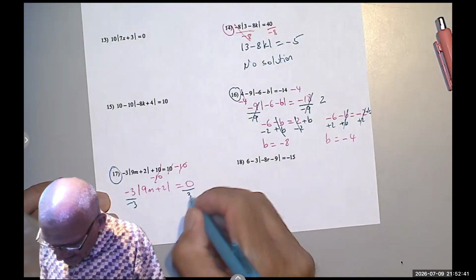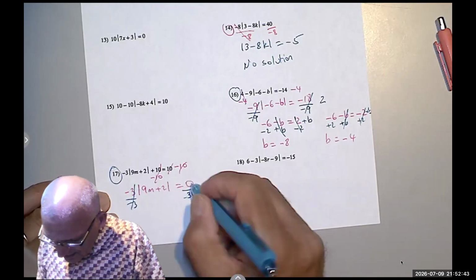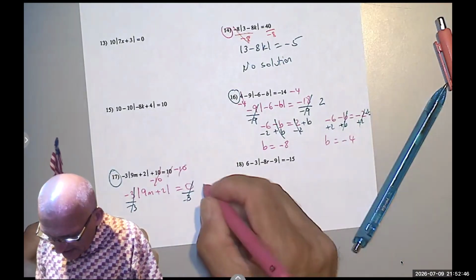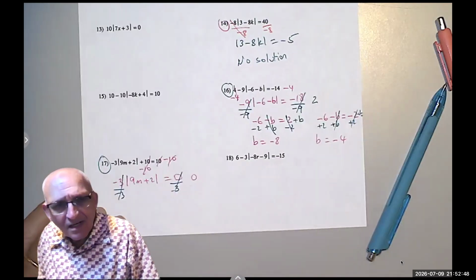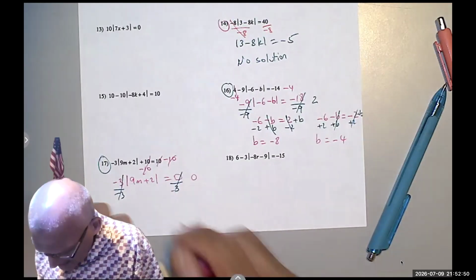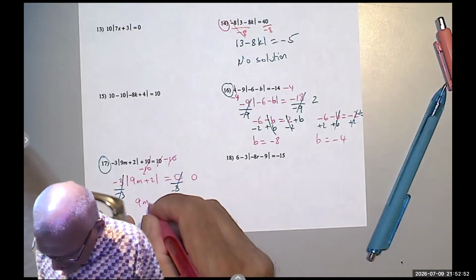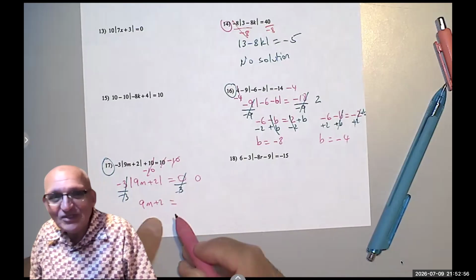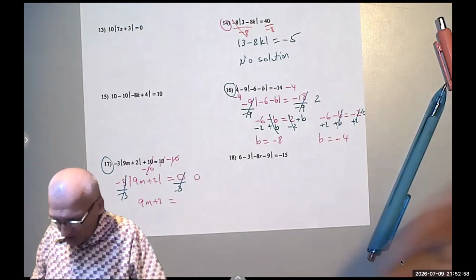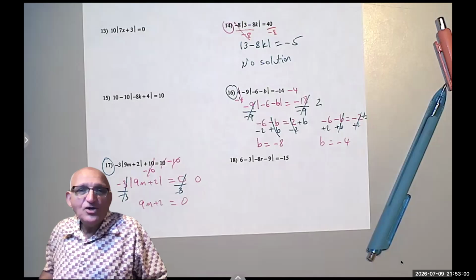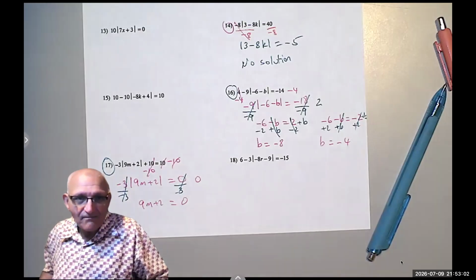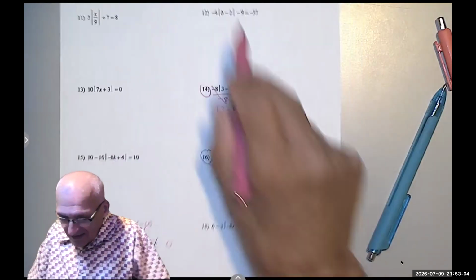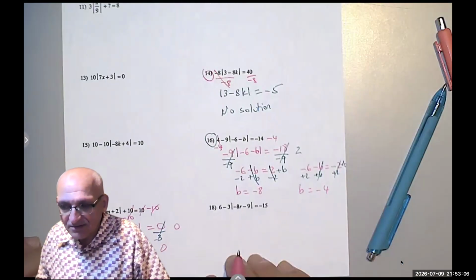But when you do that, the right-hand side would still be 0. So here I won't have two answers. 9m plus 2 equals positive 0, and 9m plus 2 equals negative 0. So in both cases, they are 0, and you have a unique answer. Not two answers like whenever I had solution.